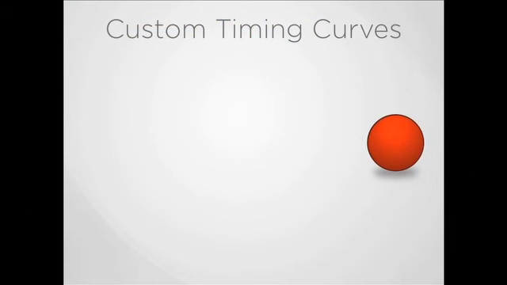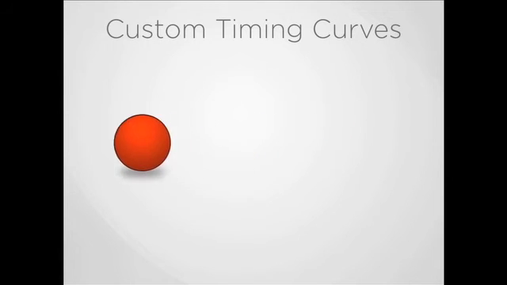Anticipation, follow-through. You set that up on that animation without having to tell it specifically, oh, I want you to go back that far and then go over past here and then end up in your final position. You don't have to tell it the three different points. You just tell it the start and the end and that timing curve, and then you get this set up for you.